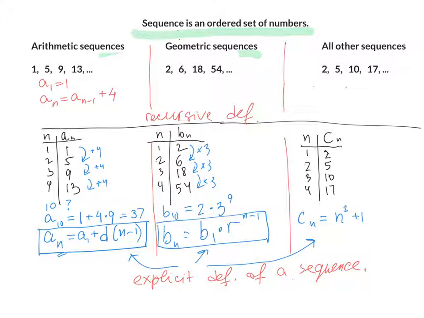So let's look carefully. A first is 1. Now, I will start replacing n with consecutive numbers, 2, 3, 4. So a second. Now, if n is 2, then this is 1 less, so it's 1. So a second equals a1 plus 4. A third equals a second plus 4, and so on.